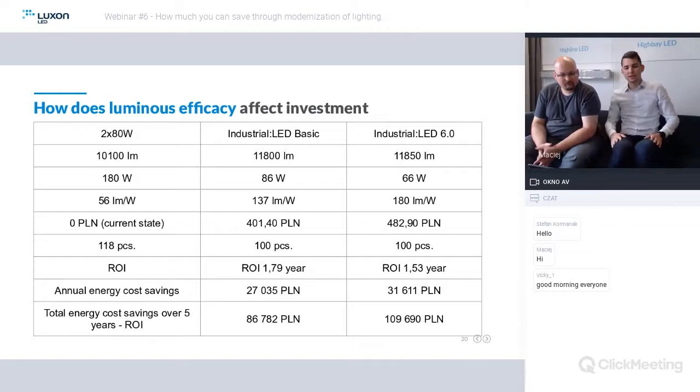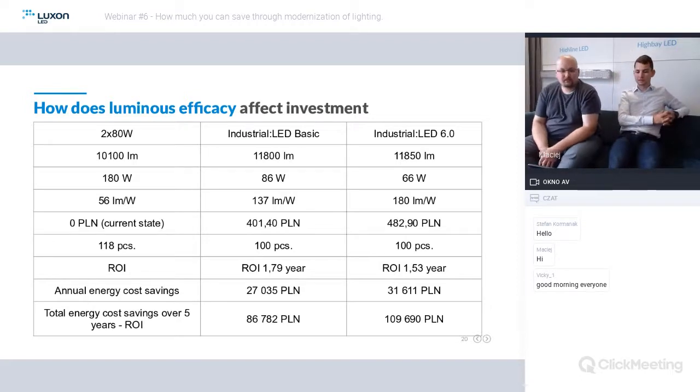And we have here another comparison of two luminaires, Industrial Basic and Industrial LED 6.0. Again, for simplicity of calculation, previously I showed you the comparison of the initial cost of investment between the cheaper, less efficient model of the luminaire and the more expensive, super high efficacy luminaire model.